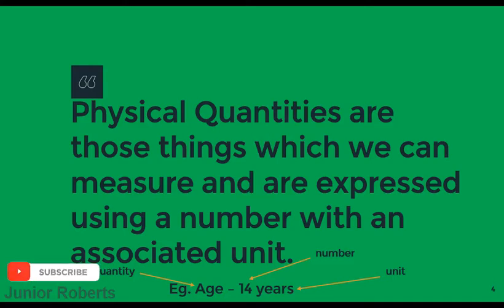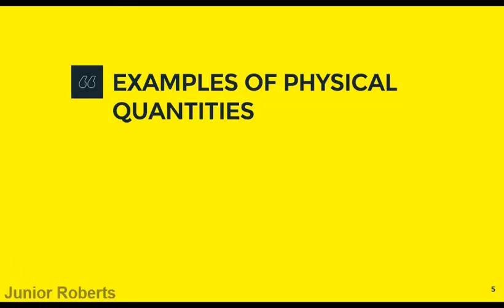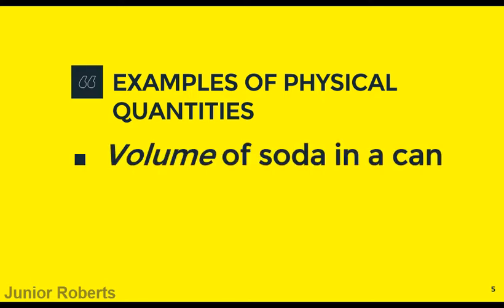Now here are some other things that we can also consider as physical quantities. The first is the volume of soda in a can. We can measure that volume, and when we measure it, we can express it as a number with an associated unit.